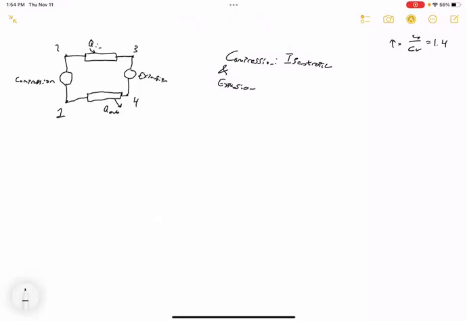So the first relationship relates the temperature and the volume. So T2 over T1, being the temperature at the end of the process over the temperature at the beginning of the process, is equal to the volume 1 over volume 2 to the gamma minus 1. So what is this saying? It's saying that the temperature at the end divided by the temperature at the beginning is equal to the volume at the beginning divided by the volume at the end.